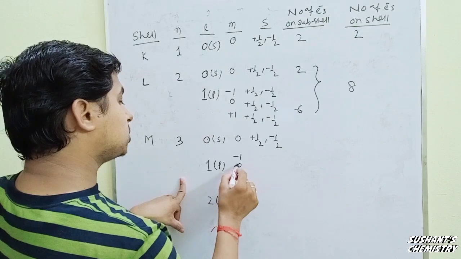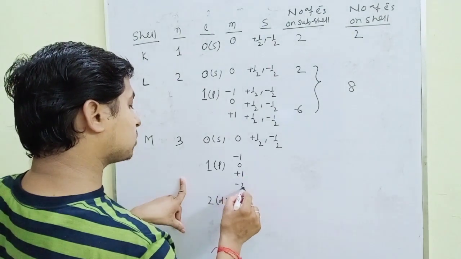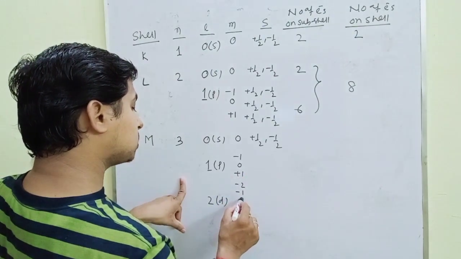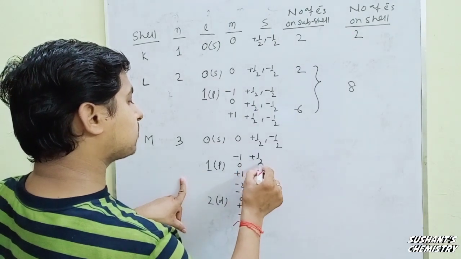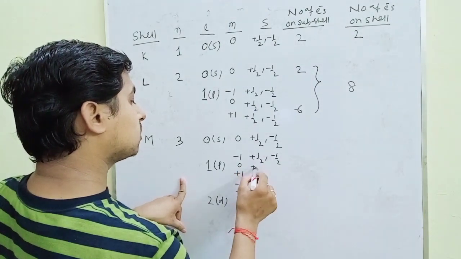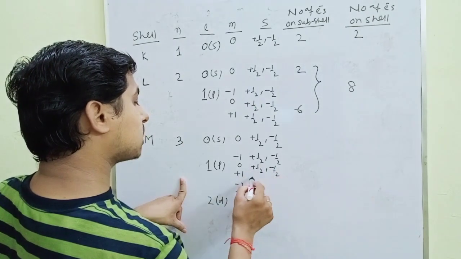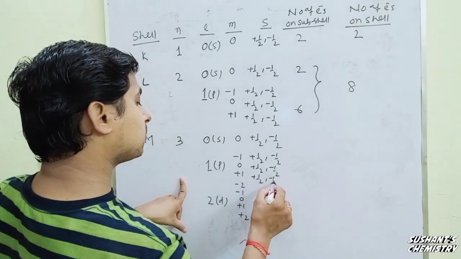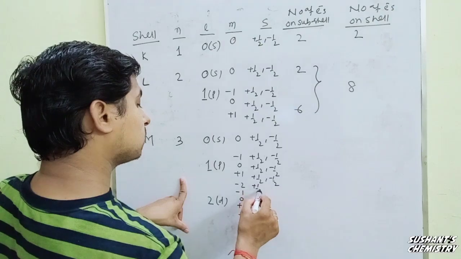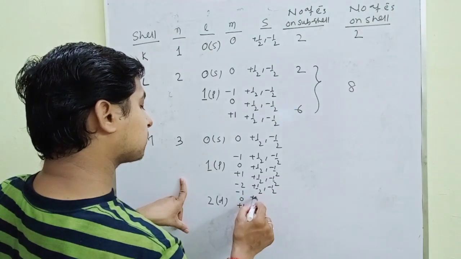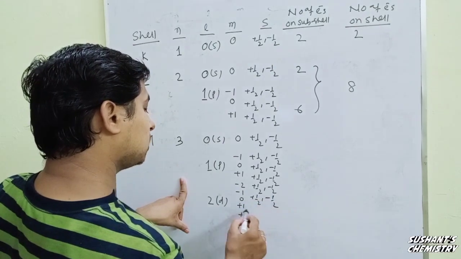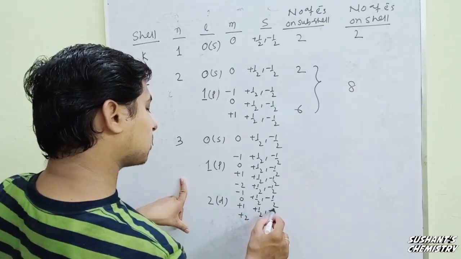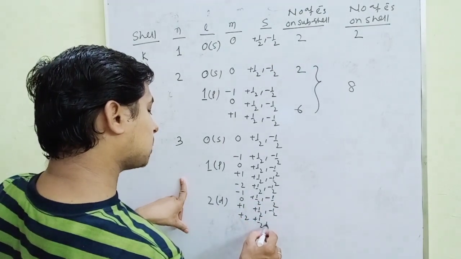For P, m is minus 1, 0, plus 1. For D, m is minus 2, minus 1, 0, plus 1 and plus 2. Each orbital has plus half and minus half.